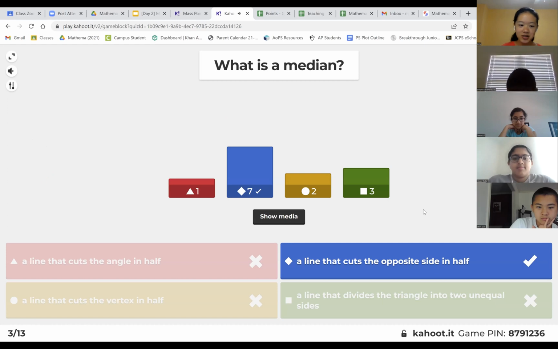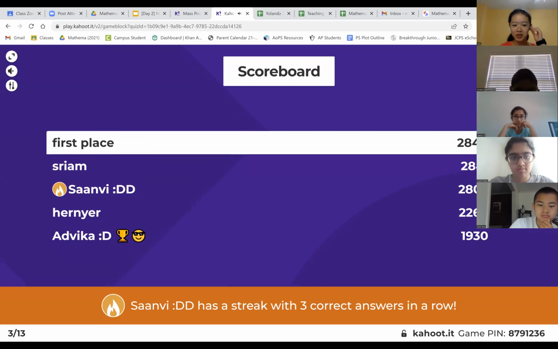Okay, a median is a line that cuts the opposite side in half. I'm not sure about a line that divides a triangle into two unequal sides. That's not really the definition of a median, even though I guess it kind of does that. Okay. Oh, first place is in first place now.